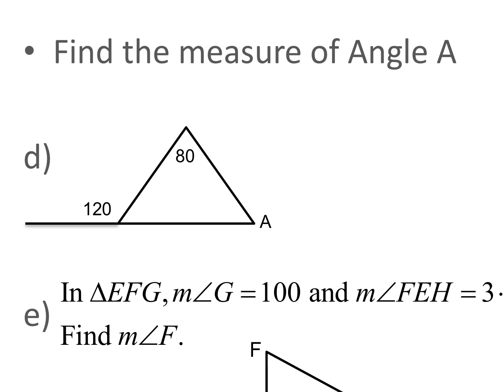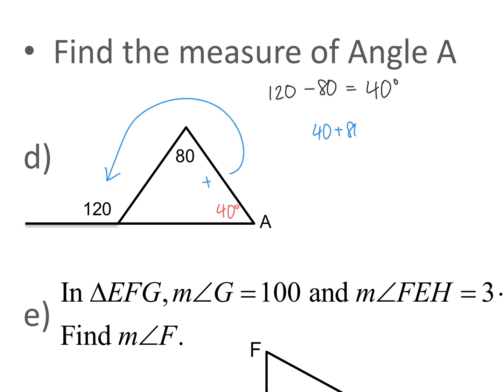So we're going to kind of work backwards. 180, I'm sorry, not 180, 120 minus 80, what is that going to give me? Good, 40 degrees. So let's say this is 40 degrees. I'm going to check my work. I'm going to add these two. 40 plus 80, does that give me 120? Yes, so I did my work correctly. So my answer would be the measure of angle A equals 40 degrees.